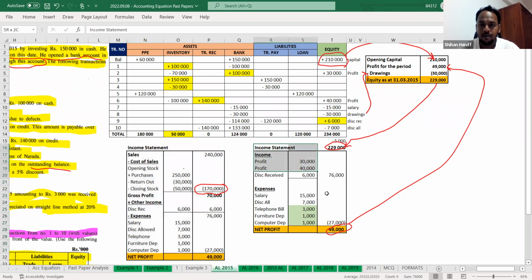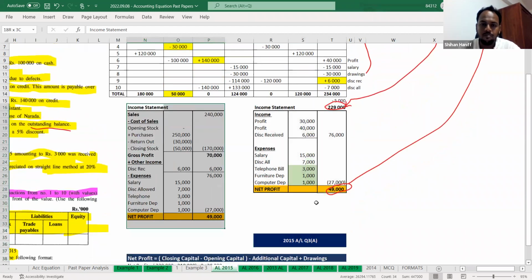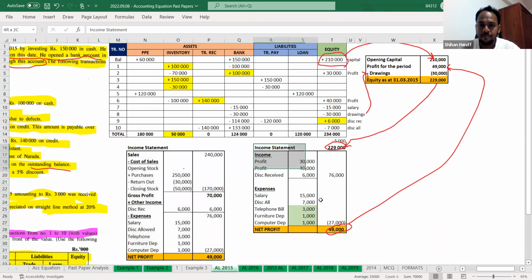So both the methods are fine. I prefer if you all can do this method, but if you are unable to do this method, you can do this. This is most preferable.